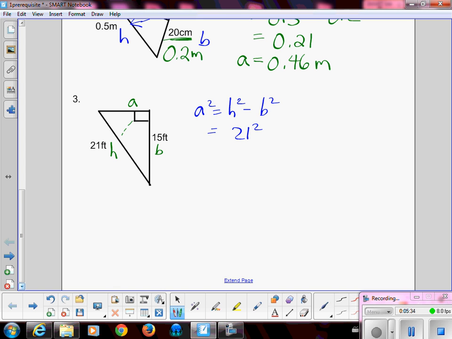When I do that, 21 squared minus 15 squared, up comes our calculator again. We're subtracting, so we end up with 216. Take the square root of that, and we end up with approximately 14.7, and it will be feet.